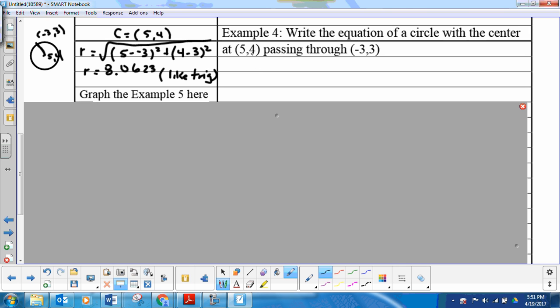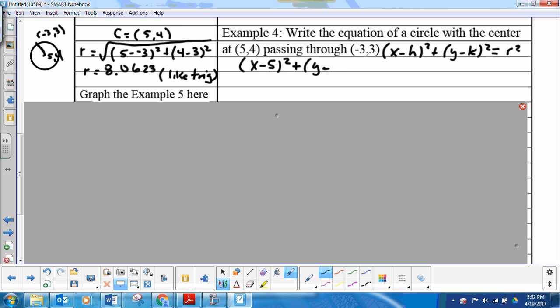So I'm going back to my happy little equation, x minus h squared plus y minus k squared is equal to r squared, and we're going to do some substitution. The h value again is the x coordinate for the center, so we have x minus 5 squared plus y, and our k value is the y coordinate of the center.